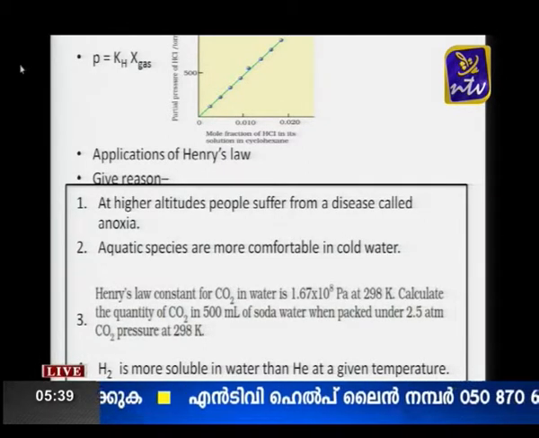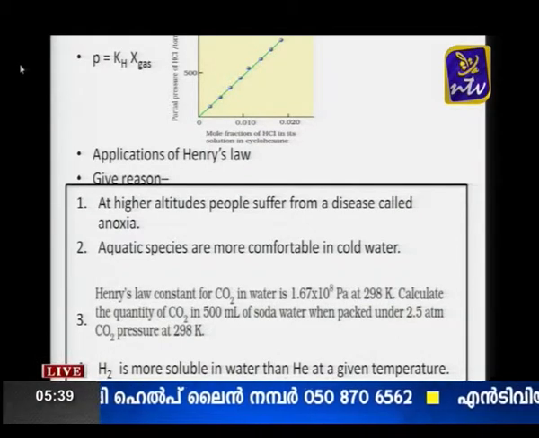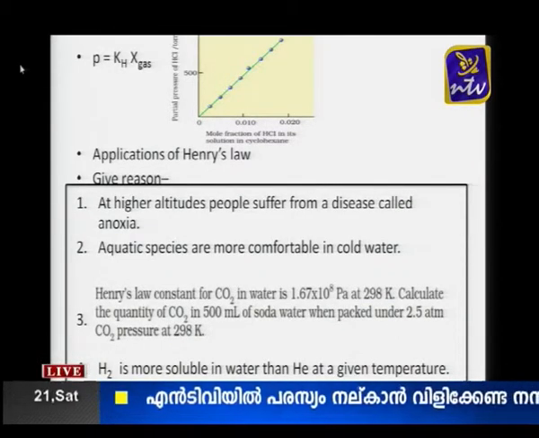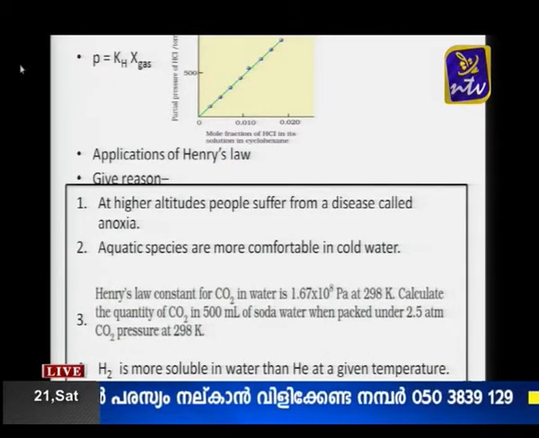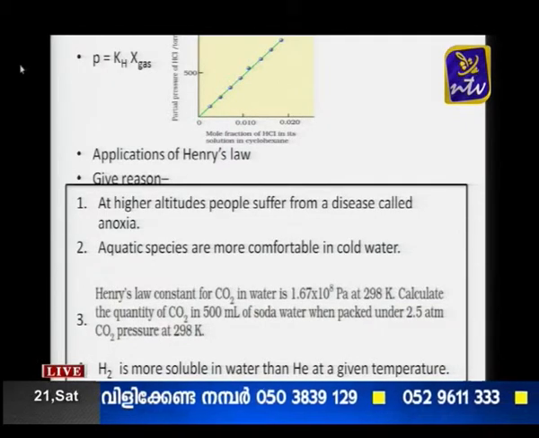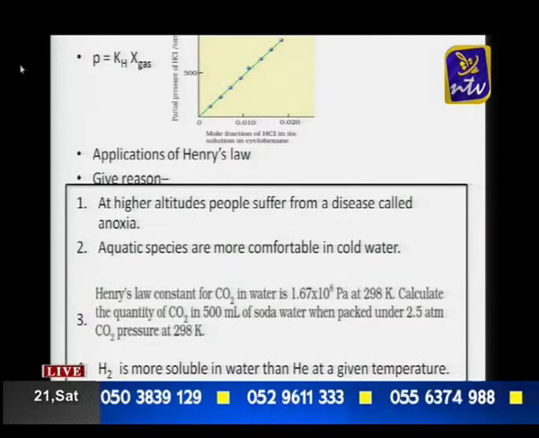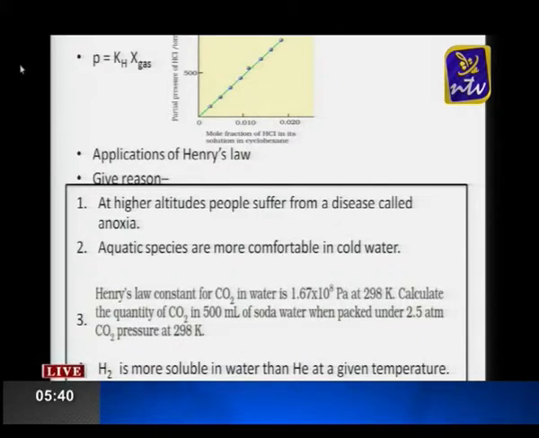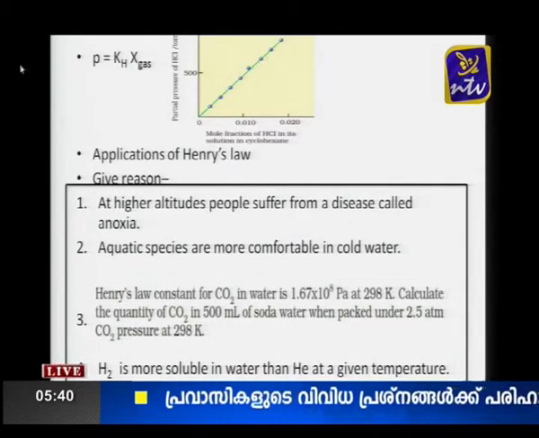That is why if you want to climb mountains, you have to take an oxygen cylinder with you. Otherwise, breathlessness, weakness, all these things you will feel. So, that is anoxia. The answer is: partial pressure of oxygen at higher altitude will be less. As a result, the amount of oxygen present in the blood will be less.